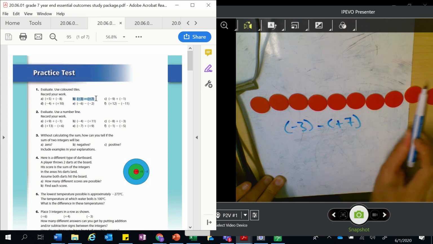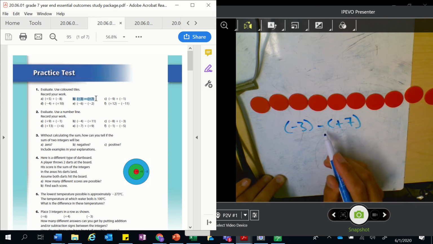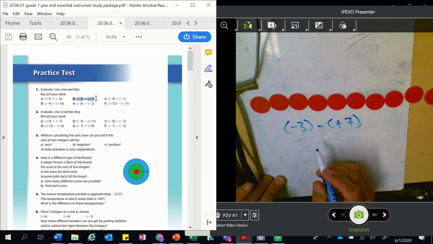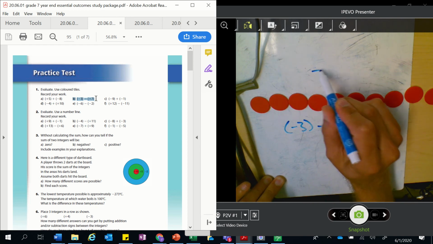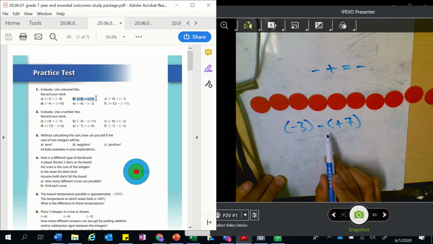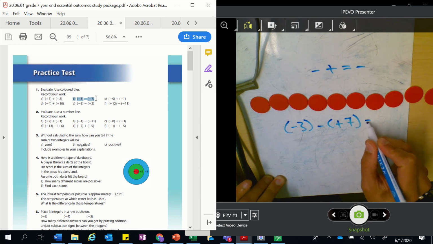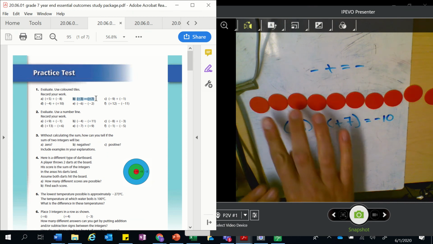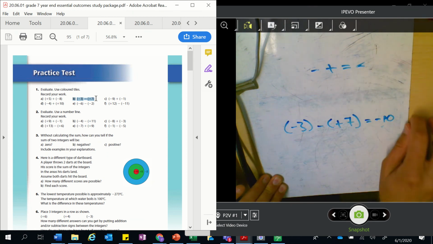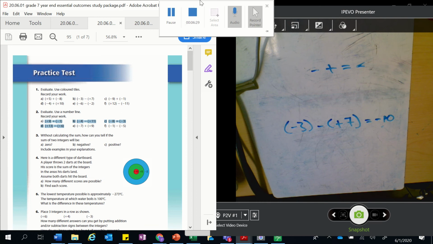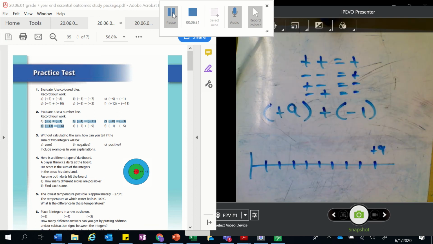And when we look at this symbolically, we had minus 3 minus plus 7. We minused those plus 7s, and minus a positive, well, that's like going more negative, because we know that minus a positive means it's going down. So minus 3 minus 7 is minus 10. All right, now let's take a look at a number line example. We're going to look at 2a, plus 9 plus minus 1. All right, I've written us a number line here.